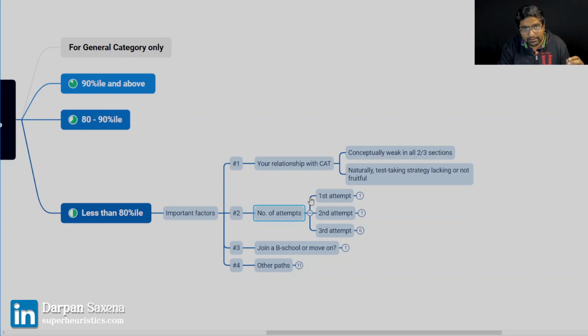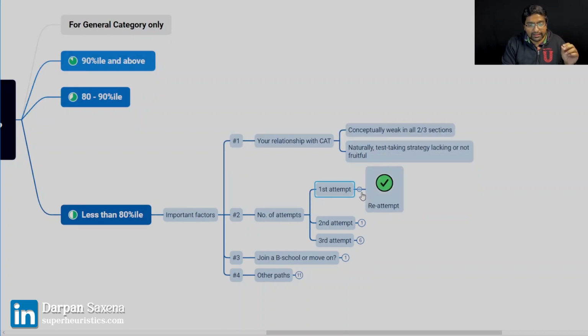A very simple thing, I would say, if this was your first attempt and you've scored below 80 percentile, I would easily say to you, please re-attempt. I've seen enough number of examples that their first attempts, the scores, the percentiles were very low in CAT. They were 50 percentile, 40, and they were able to score brilliant percentiles, were able to go to some of the best old and new IIMs.